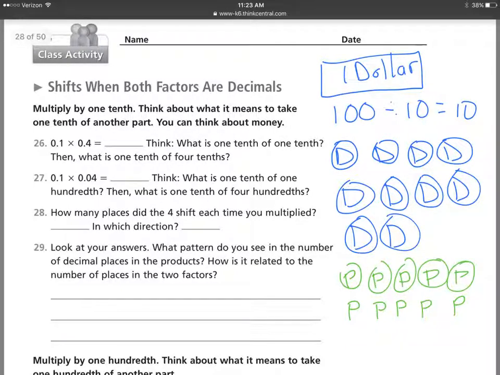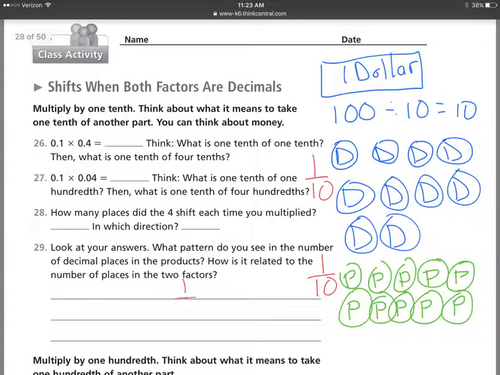Now what we have here is a situation where we took a tenth of a tenth. We started by taking a tenth of a dollar, so our dime was 1/10, and then we took a tenth of the dime. We first took a tenth of our dollar, and then we took a tenth of our dime.